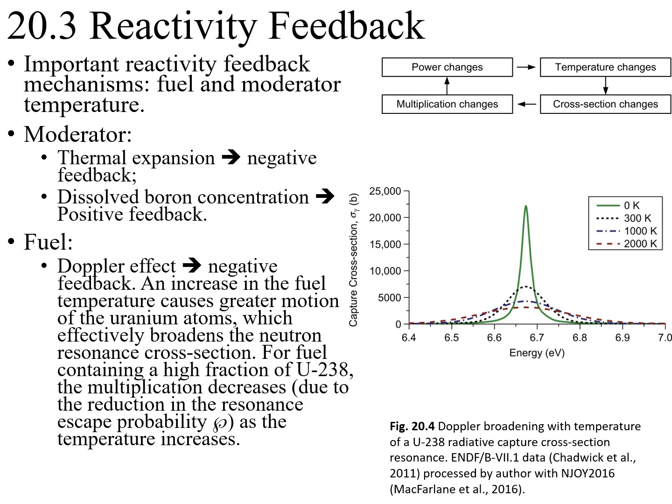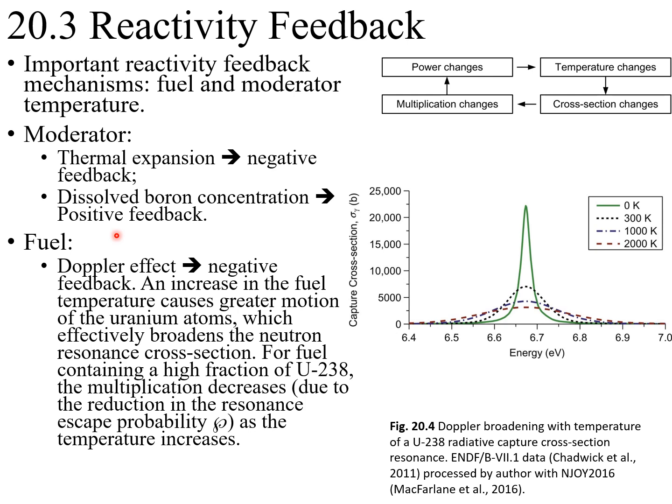First, if the moderator temperature increases, the water is going to expand and you are going to have a reduced density. If you have a reduced density, you are going to reduce your moderating ability. In that case, you have fewer thermal neutrons produced, and that will reduce your multiplication factor and reduce your power. So that is the negative feedback.